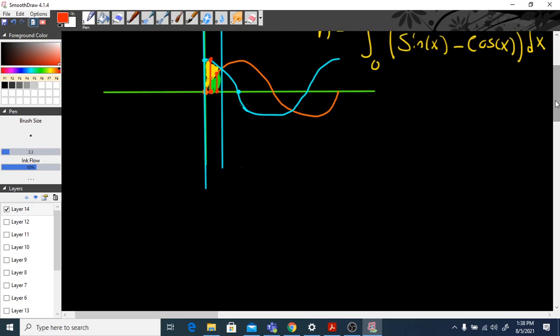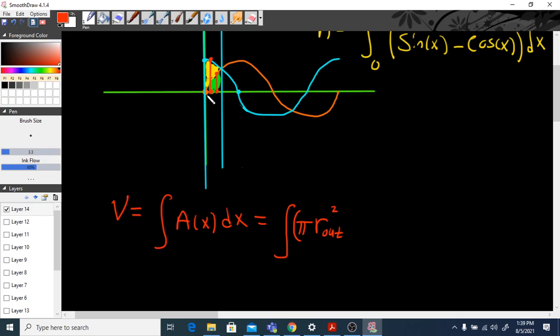Basically, the volume is going to be the integral of the area function, in this case in terms of x. The area that we're talking about here, remember, we're spinning it around. So this is going to be the integral of pi r outer squared, which is the volume due to the outer radius, minus pi r inner squared.